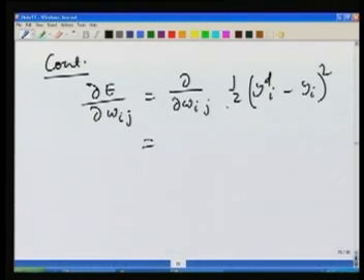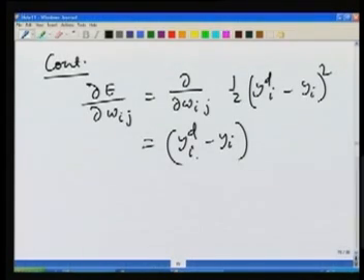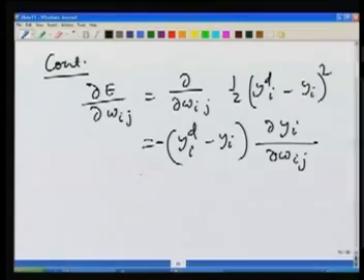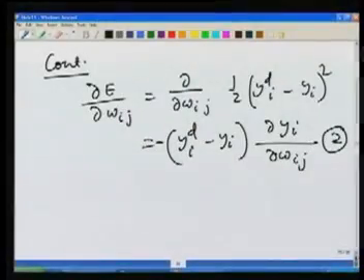So, that is obviously, you can check, y I d minus y I into here minus del y by del w I j. Hopefully, you are now clear with this expression. This is, I can say, equation number 2.